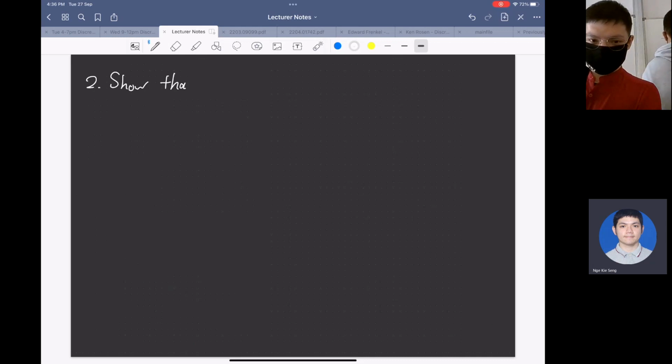Show that P implies Q if and only if not Q implies not P.